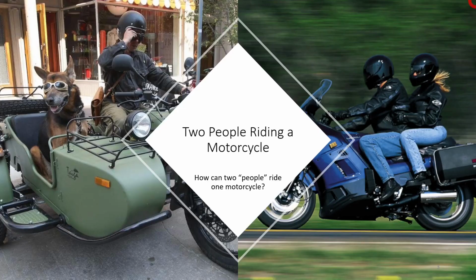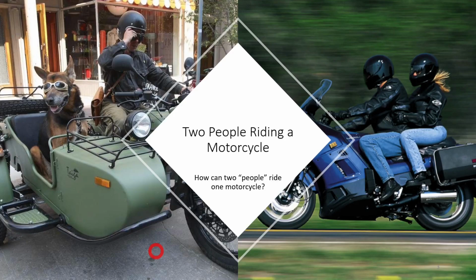When we look at how two components can be connected together electrically, we can view these two varying ways of riding a motorcycle. The one here to the left has two individuals, one a dog and one a human, that both want to ride on one motorcycle, and they use a sidecar and ride side by side.